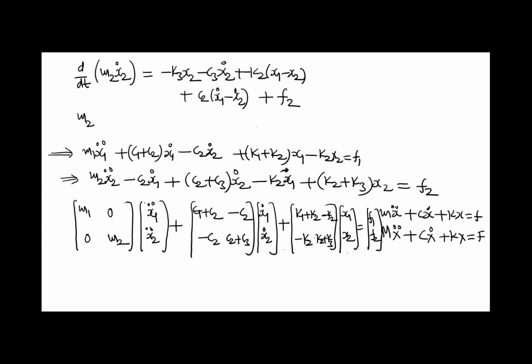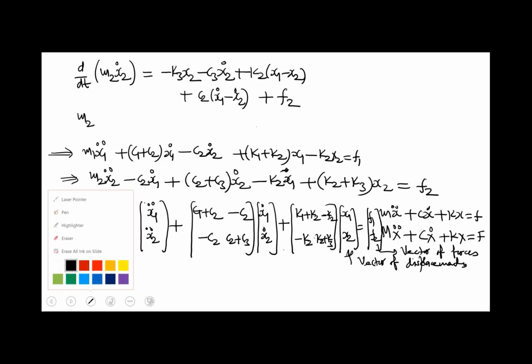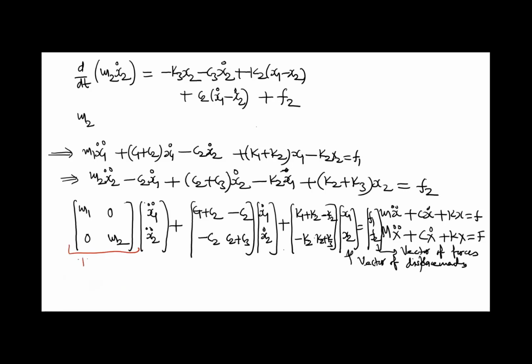Now we need to understand that this is called the vector of displacements. This is called the vector of external forces. This is called the mass matrix or inertia matrix. This one is called the matrix containing all the coefficients of the dampers. This is called the damping matrix.